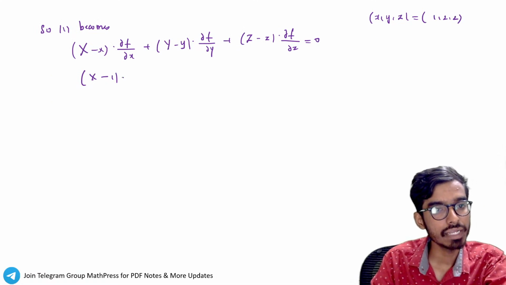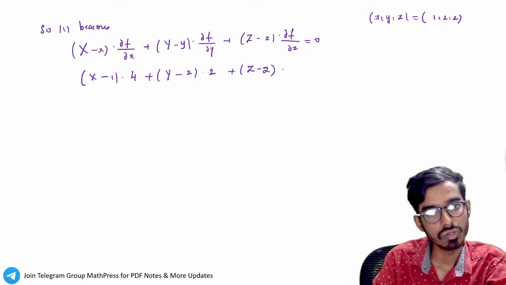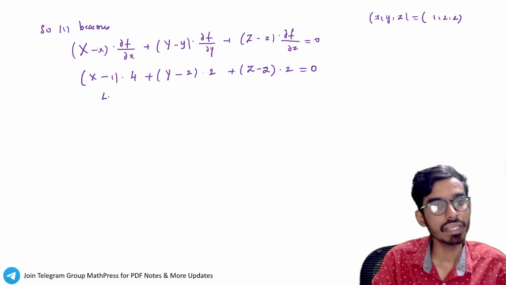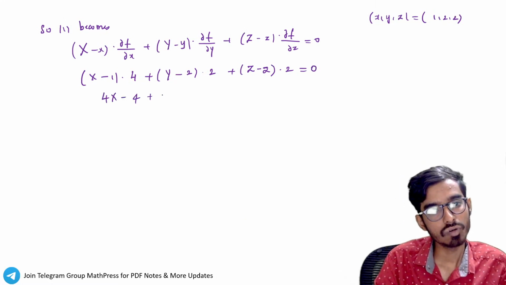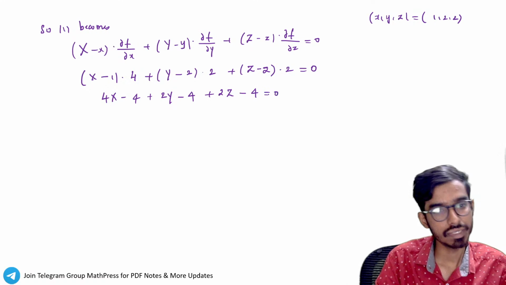So it will be 4(X minus 1) plus 2(Y minus 2) plus 2(Z minus 2) is equal to 0. So this will be 4X minus 4, 2Y minus 4, 2Z minus 4 is equal to 0.